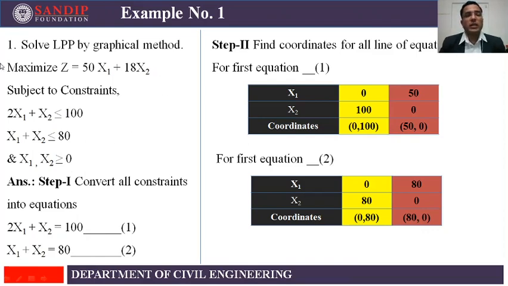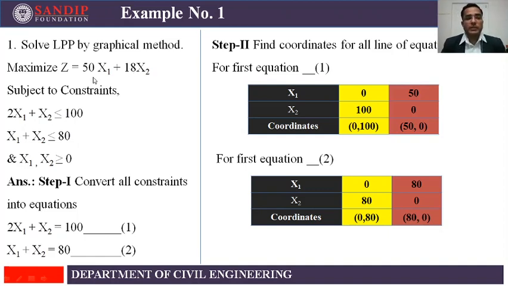This is the actual format of the LPP, in which first comes the objective function, and that objective function is subject to the following constraints. Here a total of 2 constraints are given. Now we have to find the solution for the maximum value.